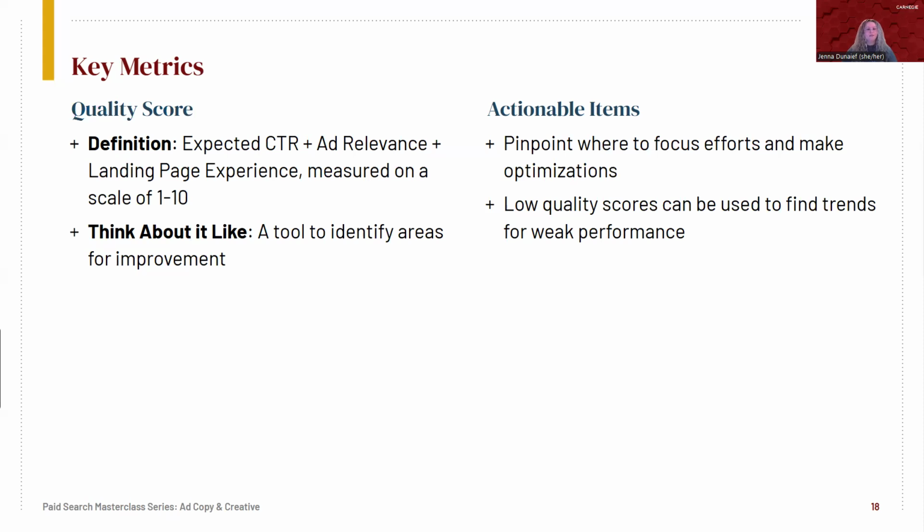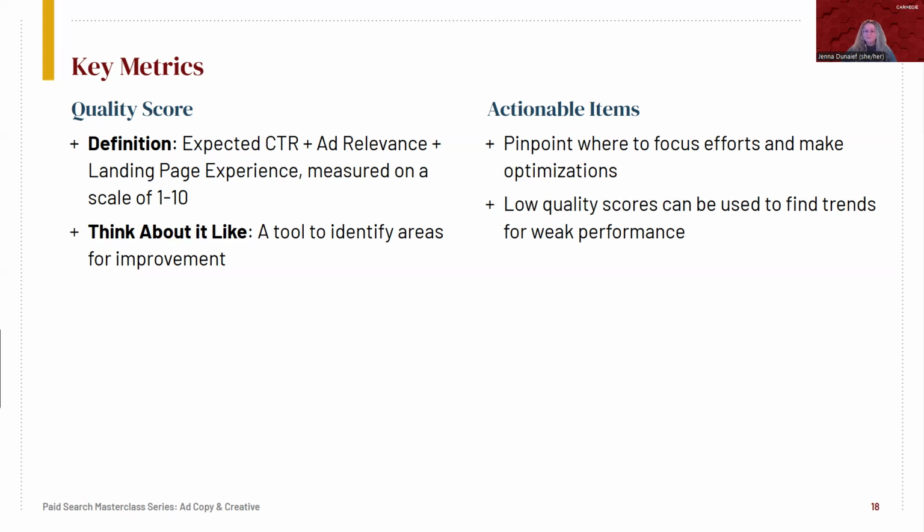It's important to note that quality score is also not a KPI and therefore should not be optimized towards, but it can be used as a tool to identify areas for improvement. Ultimately, quality score is important because it affects ad rank, which is one of the factors used in determining where your ad appears on the search engine results page.